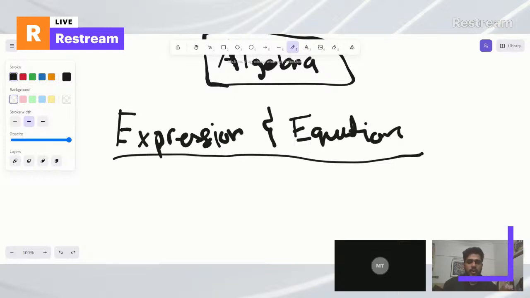Can you tell whether it's an equation or an expression just by looking at it? How do I identify?